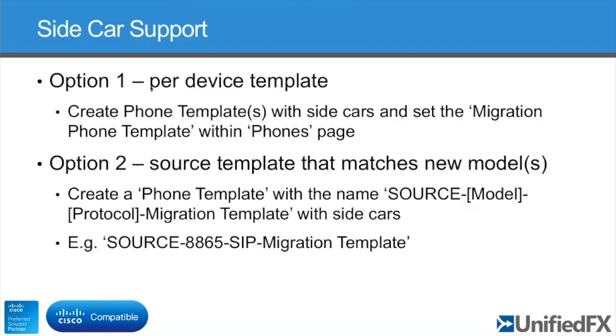That same, select the phone, click edit, and specify the phone template name. And once you've got that set, once that migration happens, as the rules dictate, it will basically use that phone template. And because it's got sidecars on it, we copy those sidecars over to the new phone. So they will just boot up nice and simple as you would expect them to.